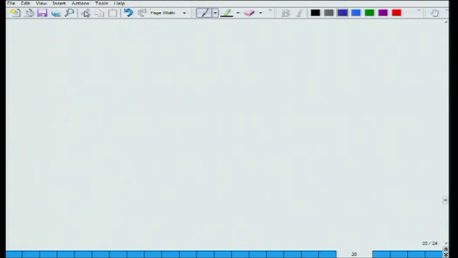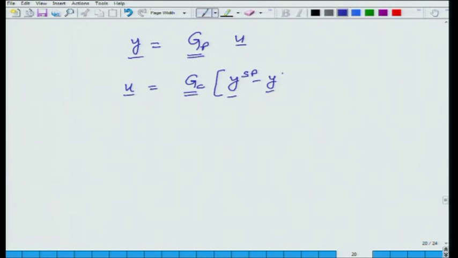Insert new page. So, what I had was y is equal to GP matrix times u, and u is equal to GC matrix times y set point minus y vector. When I substitute for u, what I will get is y is equal to GP GC times y set point minus y. Please note here that the order of matrix multiplication is important, because matrix multiplication is not commutative.